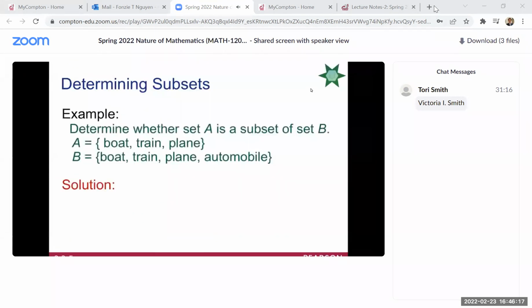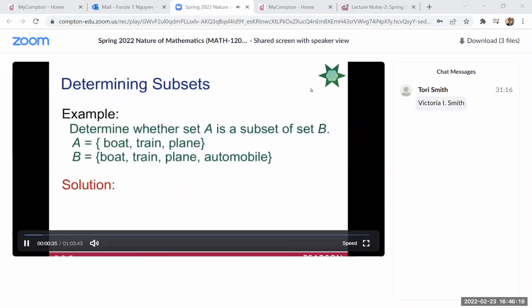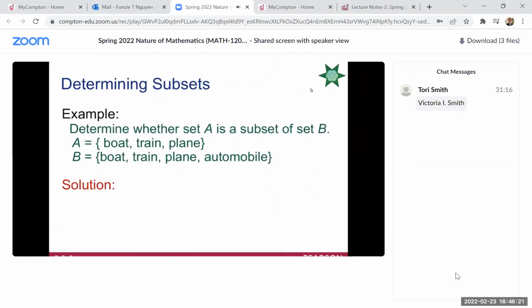Okay, so determining subsets. Here they give us an example. Determine whether set A is a subset of set B. What do you think? Is it a subset or not a subset? I would still say it is.